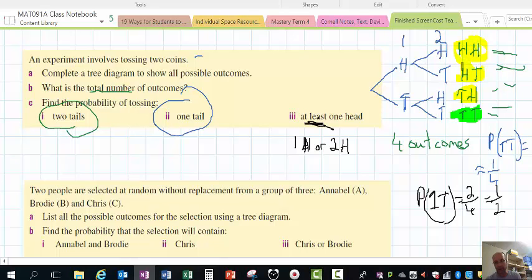There's 1 there that's got a head. 2, 3. The green one there is not. So that's 3 out of 4. So the probability of at least 1 head is 3/4.